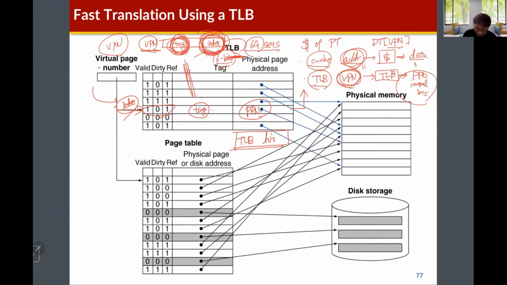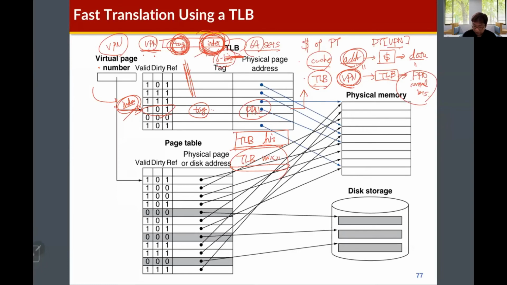And then what is the TLB miss? So simple. The requested virtual page number is not found. Which means that we can access this TLB with the index part of the VPN, and then when the tag is checked, this tag is not equivalent to the tag of the VPN.